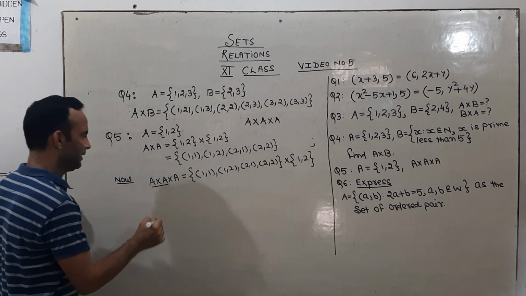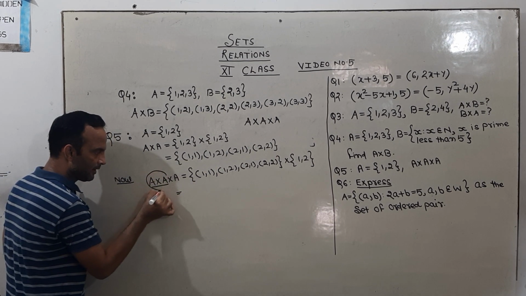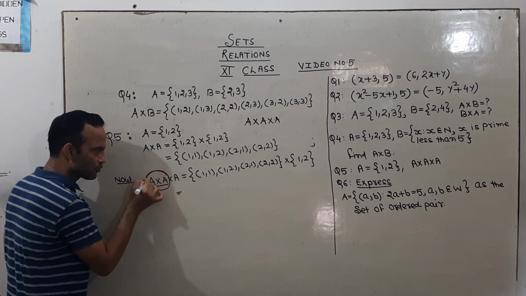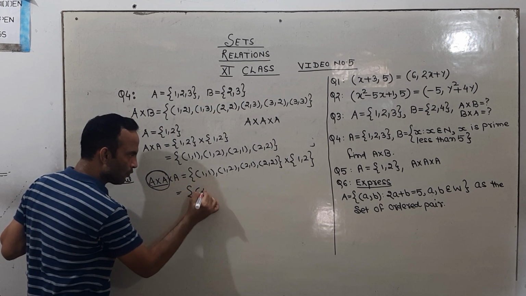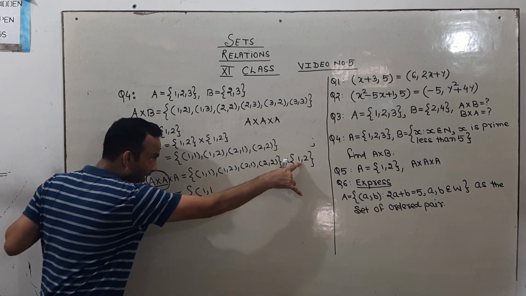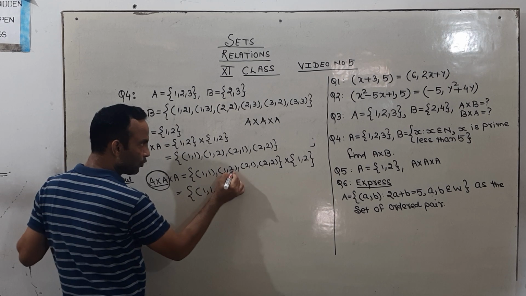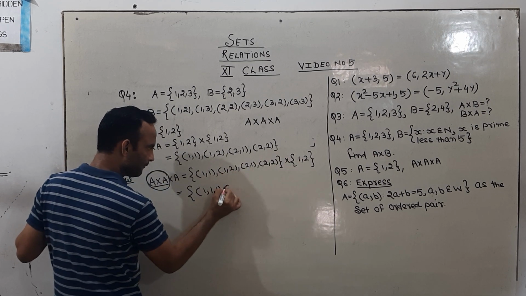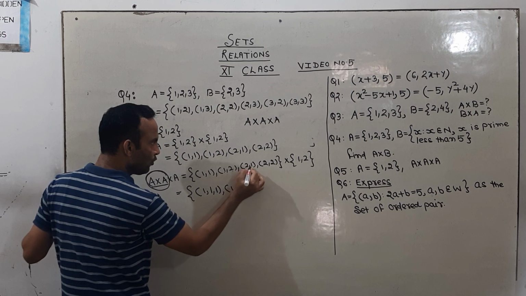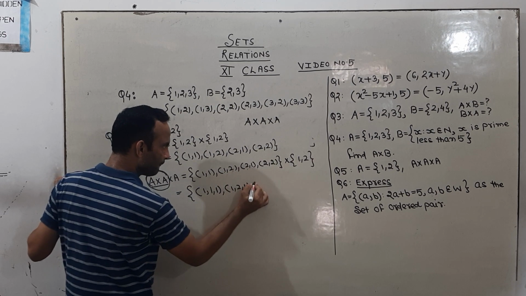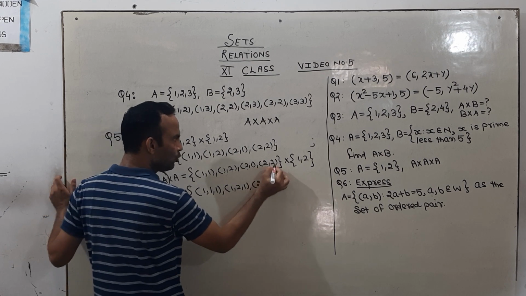Now see, first write the ordered pairs which belong to A cross A. So that is (1, 1), 1; (1, 1), 2; (1, 2), 1; (1, 2), 2; (2, 1), 1; (2, 1), 2; (2, 2), 1.